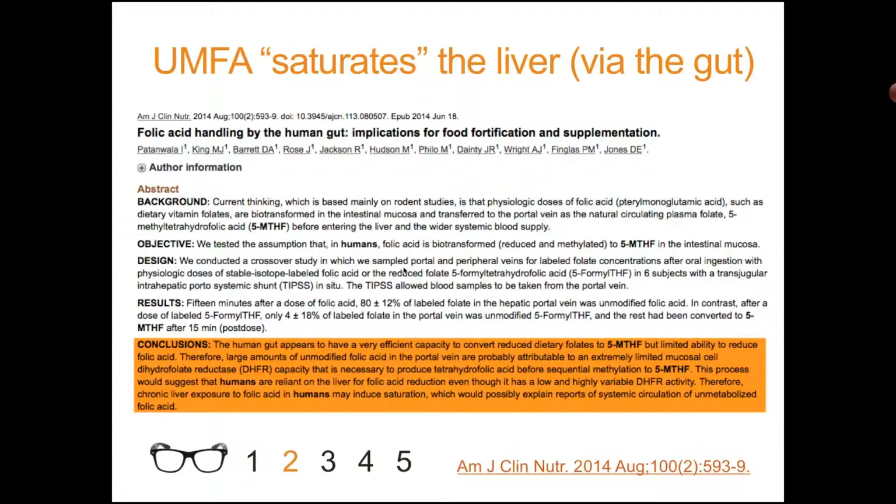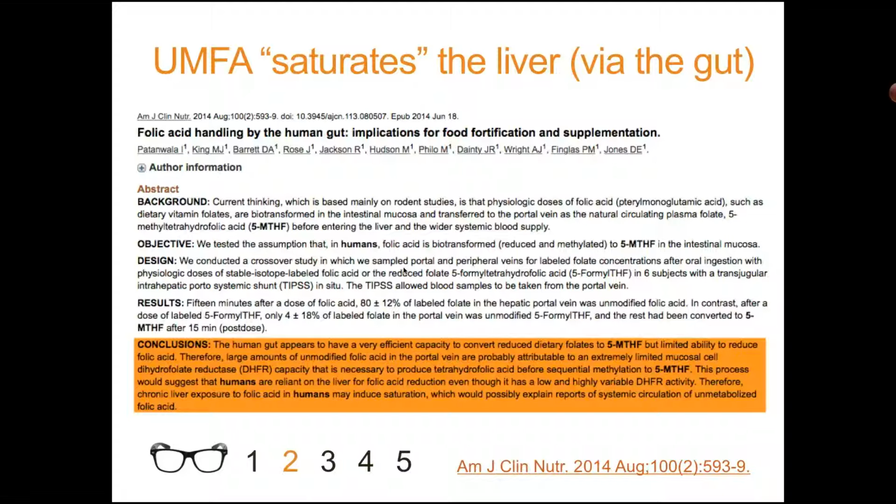Folic acid is metabolized in the gut and the liver, and synthetic folic acid has the ability to saturate the receptors in cells in the gut lumen that allow for that conversion from synthetic folic acid to 5-MTHF, which again happens in different steps from the gut lumen to the liver.